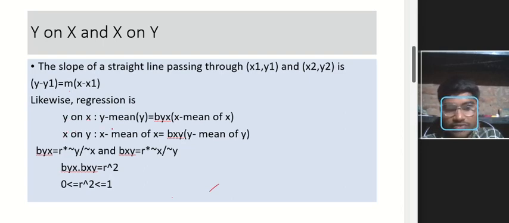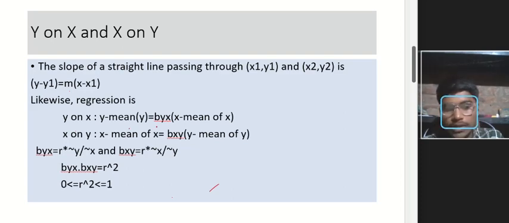So first of all, to solve this problem, we need some values. If they give x and y values, we have to find y on x and x on y. For that we have the formula for y on x: y minus mean of y equals byx into x minus mean of x.